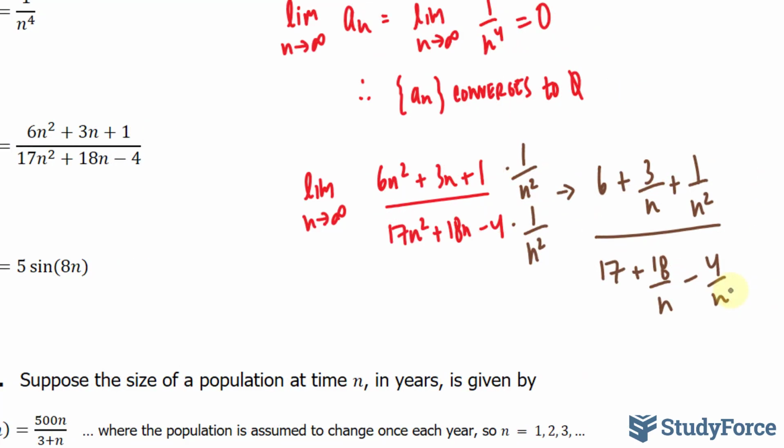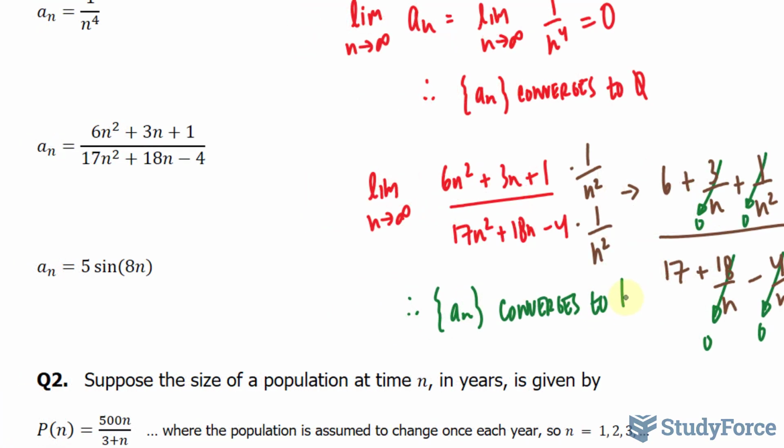If I take the limit as n approaches infinity here, we have 3 over a very large number, that becomes 0. This becomes 0 for the same reason, and so do these terms, leaving us with 6 over 17. Therefore, we can conclude that the sequence a sub n converges to 6 over 17.